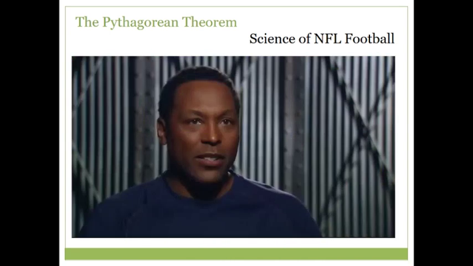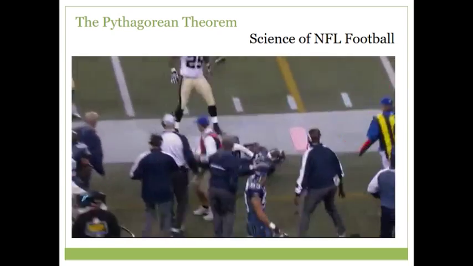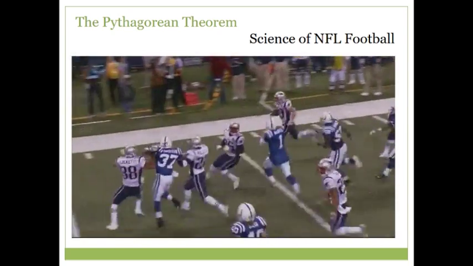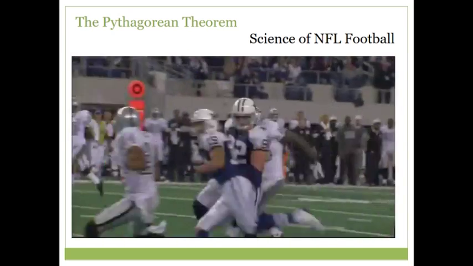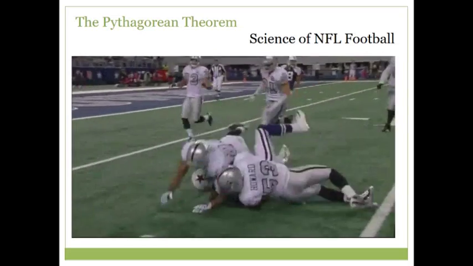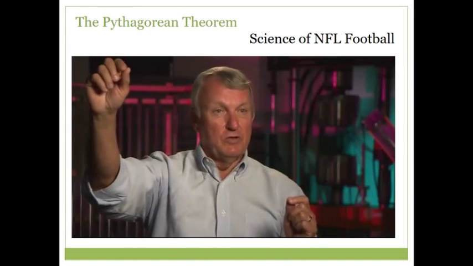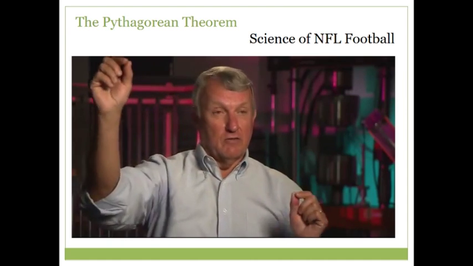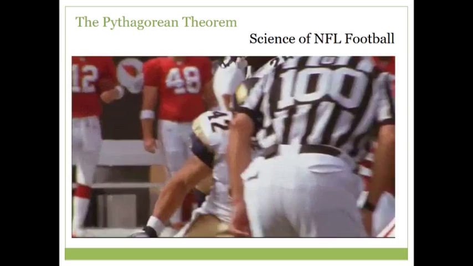You got to be precise in what you're doing, and you have to take the right angle, especially in coverage. NFL players must react instinctively to cover this distance and also gauge how fast they need to run to match their opponent's speed. The defender, now, if he chooses that angle of pursuit, he says, okay, I've got to cover this distance in the same amount of time it takes the runner to cover this distance.